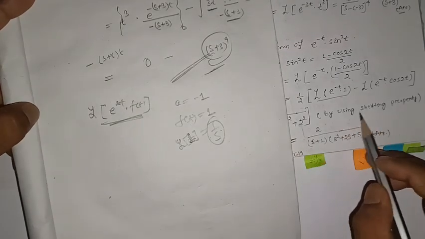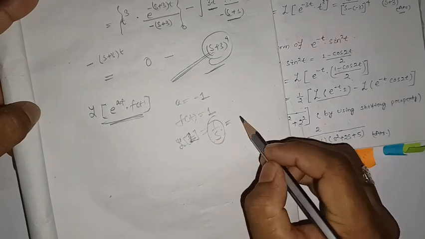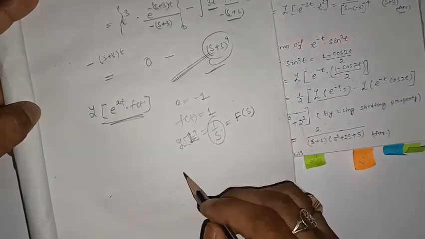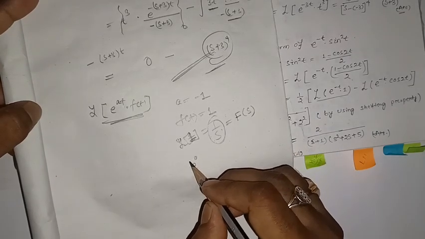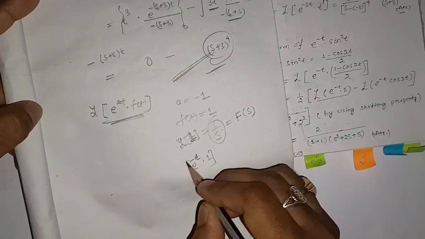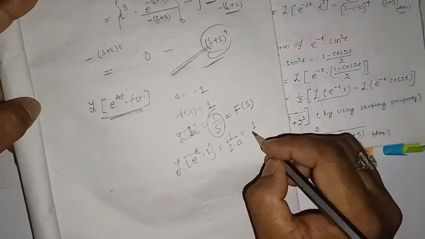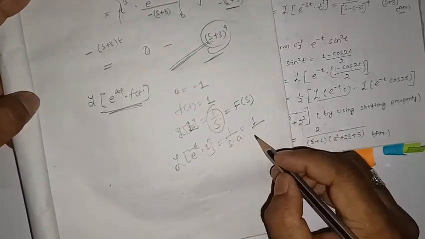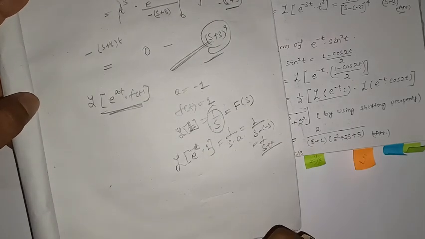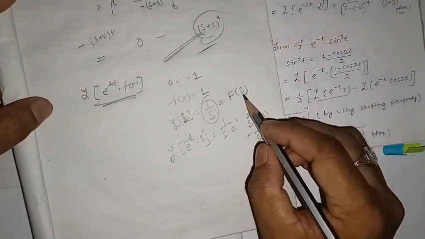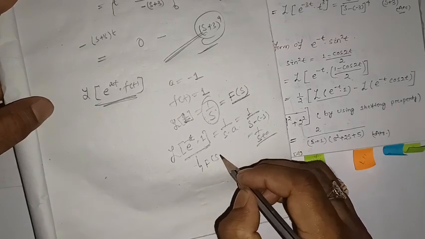Then using the shifting property, what will it be? 1 by s is nothing but the so-called capital F of s. So using the shifting property, e to the power at, that means e to the power minus t into 1, the corresponding Laplace transform will be 1 by s minus a. Here a is nothing but minus 1, so s minus of minus 1, that is 1 by s plus 1. So this Laplace transform is nothing but F of s minus a.